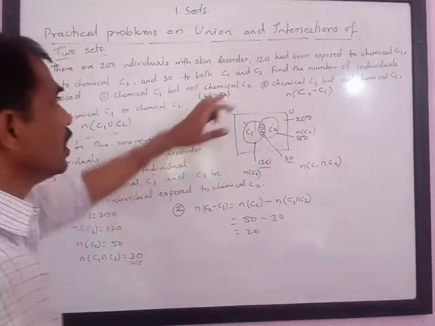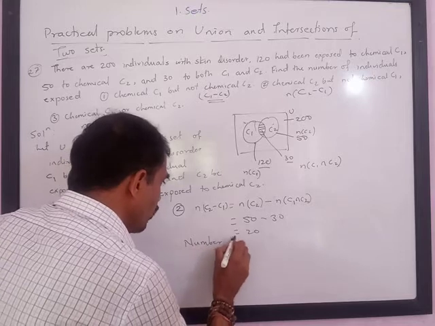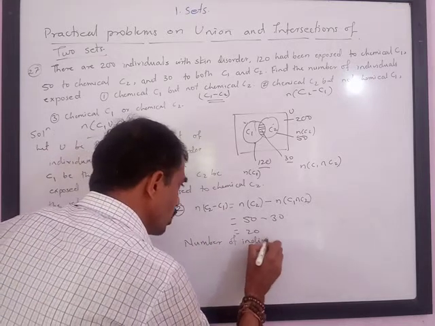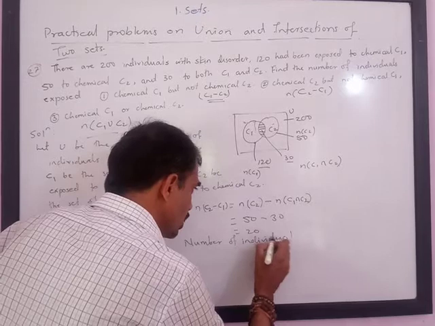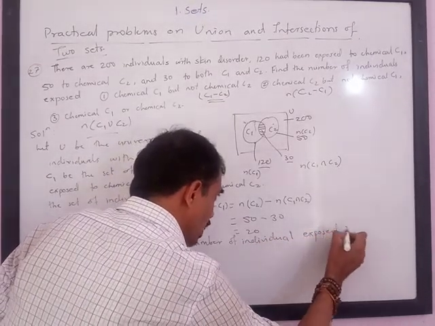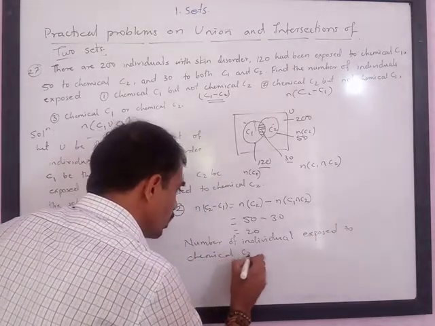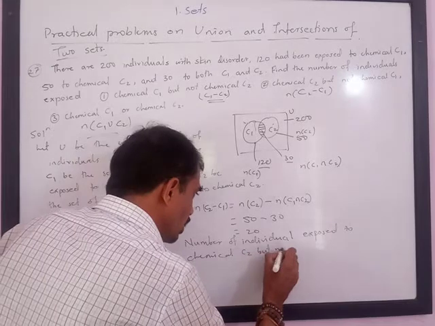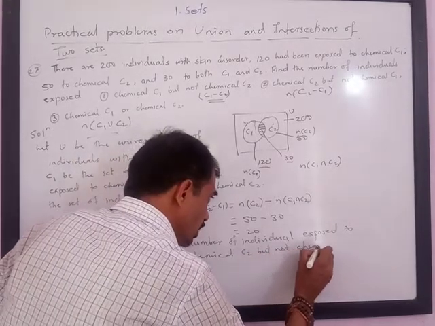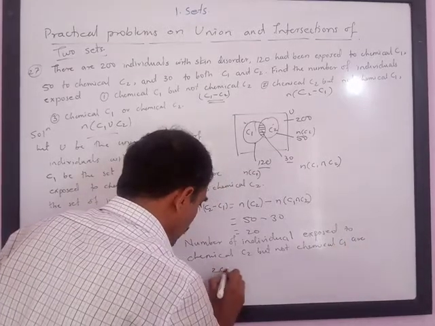It means the number of individuals exposed to chemical C2 but not chemical C1 are 20.